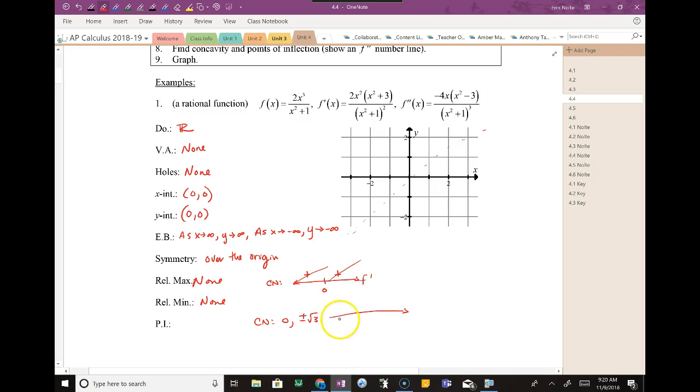Okay, so I'm going to do a second number line test, but this time using the second derivative, and this is going to reference my concavity. So I got a negative square root of 3, 0, and a positive square root of 3.